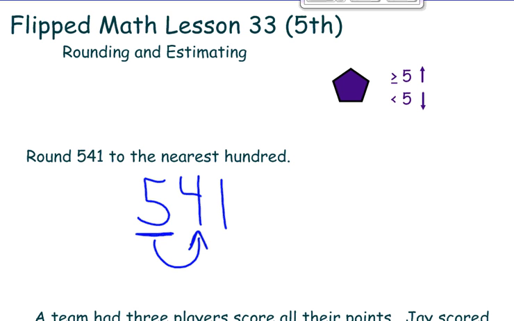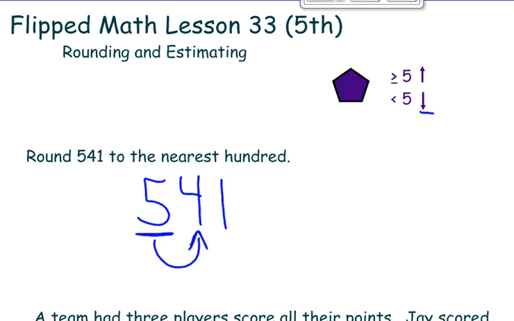Now, since our number is 4, we're going to bring it over here, and we're going to ask ourselves, is 4 greater than or equal to 5? Or is 4 less than 5? And of course, you know that 4 is less than 5, which means we're going to round down.